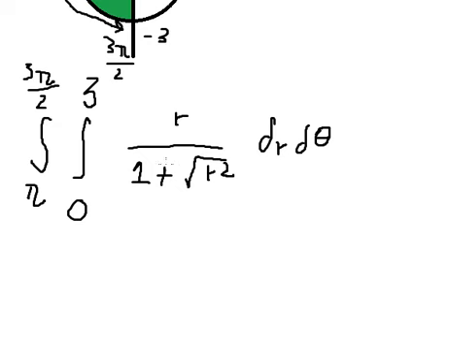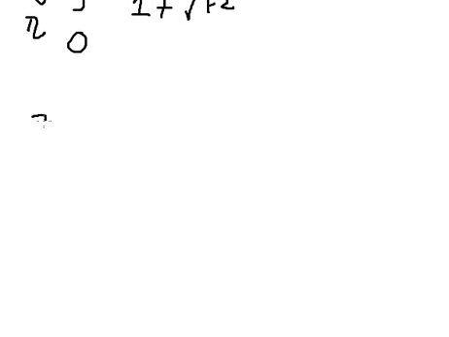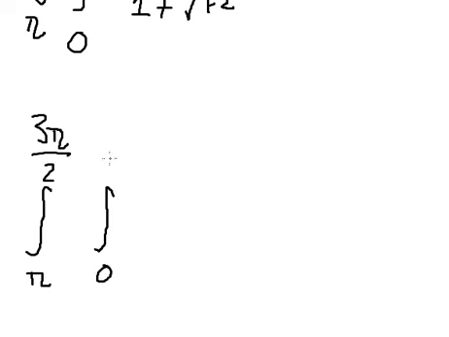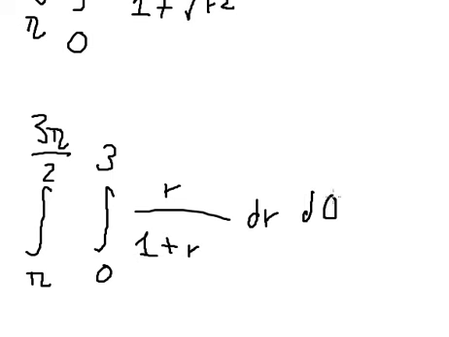Now we need to simplify. So this one, we have r over 1 plus r dr d theta. So to calculate this one, we need to add number 1 in here.